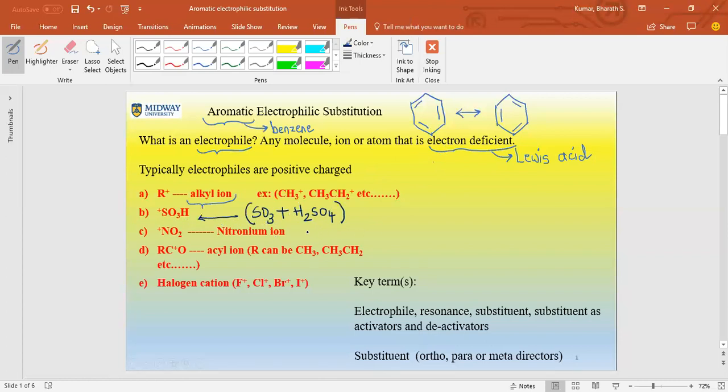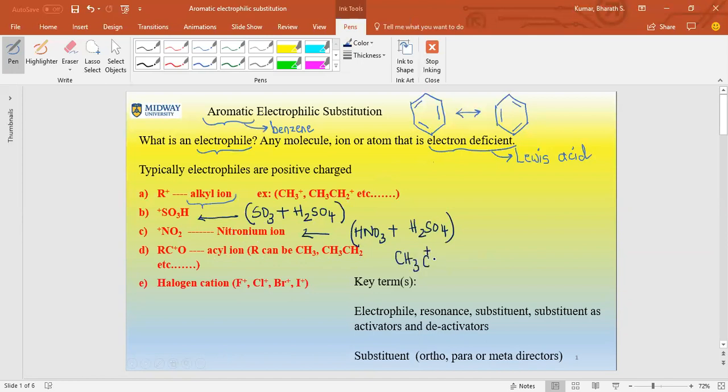Similarly, nitronium ion is produced by nitric acid, which is a strong acid, reacting with sulfuric acid, which is also a very strong acid. When these two react together, you produce NO2 plus, which then reacts with the benzene ring. Acyl ions are, again, just like alkyl, basically you could produce CH3CO plus.